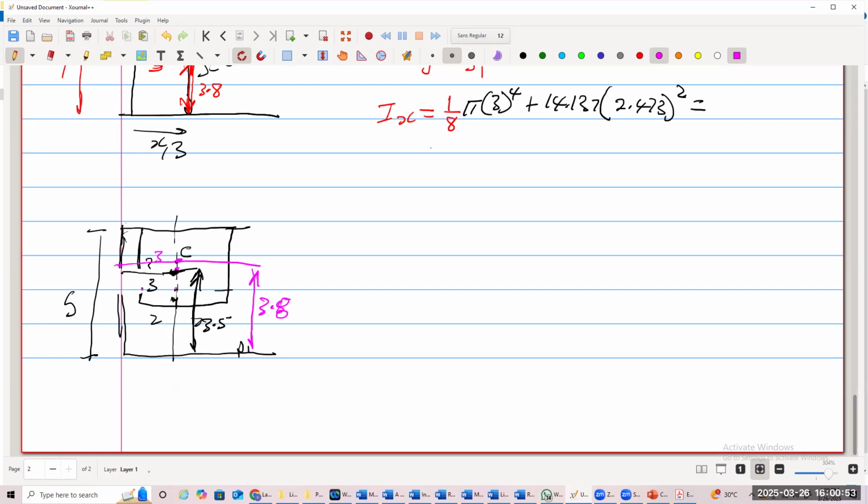So it means that for that rectangle, the I2, or you could call it I1 too, this I2 is going to be 1 upon 12 BD cube. The inertia of the figure is always equal to I2 plus A D2 squared.